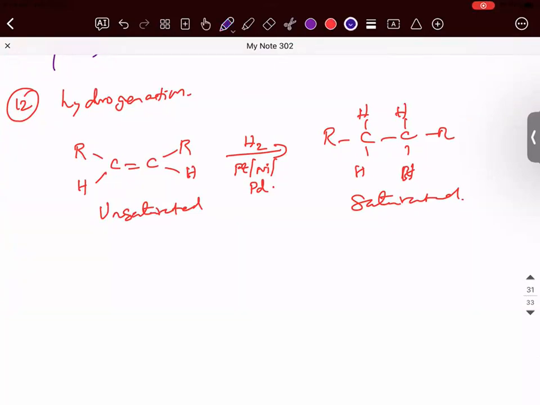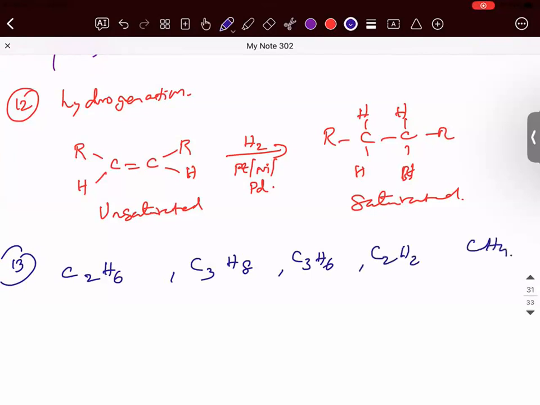13th question. Which of the following hydrocarbons undergo addition reaction? C2H6, C3H8, C3H6, C2H2 and CH4. First, you tell me which comes under CnH2n+2. It's alkane. This becomes saturated.